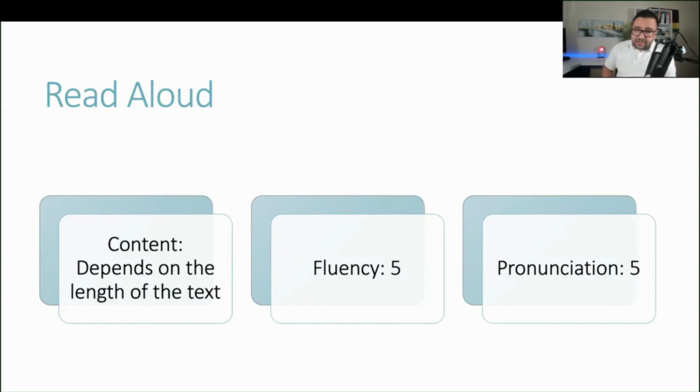The content part is quite important, but remember, if you focus too much on it, you might lose a score in fluency and pronunciation. At the same time, fluency and pronunciation together contribute 10 points, but the content is also important because from there also you get points. And especially in this question, it's important because here the score in content depends on the length of the text.